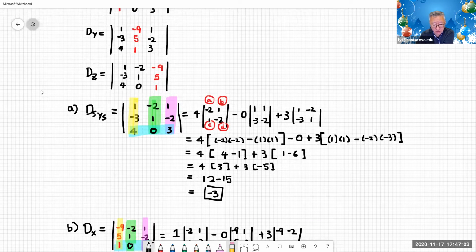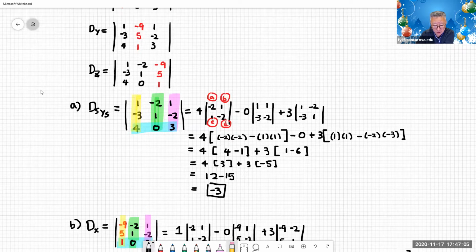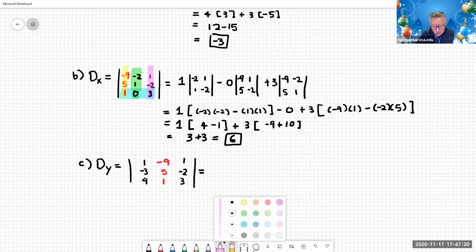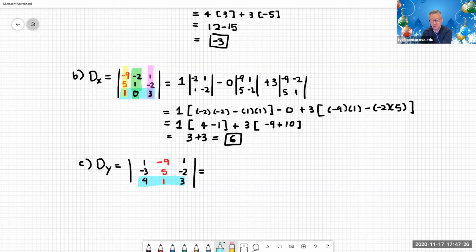Now, unfortunately, for the y, we don't have any zeros. So in this case, we can use any pivots, rows or columns, for our pivot. I want to be consistent here, so I'm going to use the third row again. If you don't have any zeros in your rows and columns, then choose anything that you like.